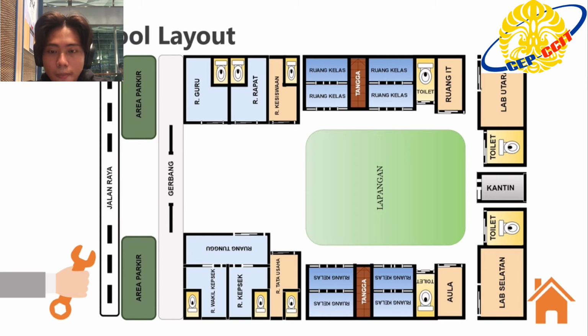So, the north lab, there is a canteen also. In the south, we can see there is the aula, a south lab, a toilet, a principal room, and a classroom, and there are the stairs also.